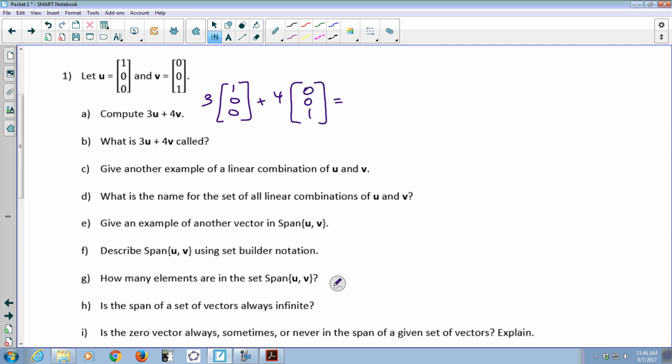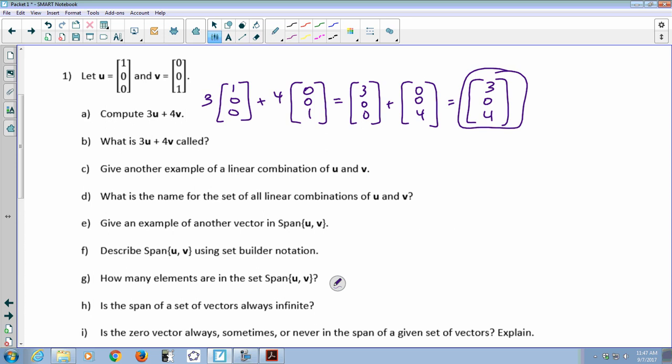To multiply a vector by a scalar, a scalar is just a plain old number, you multiply every entry in the vector by the scalar. So this is going to become 3, 0, 0 plus 0, 0, 4. And then to add vectors, you add component-wise. Add the first entries, add the second entries, add the third entries. So this becomes 3, 0, 4.